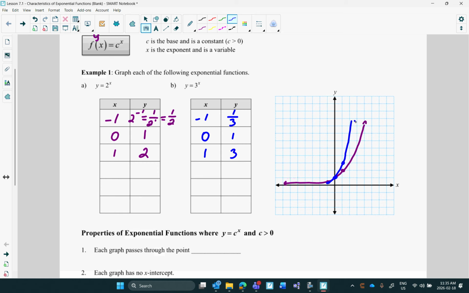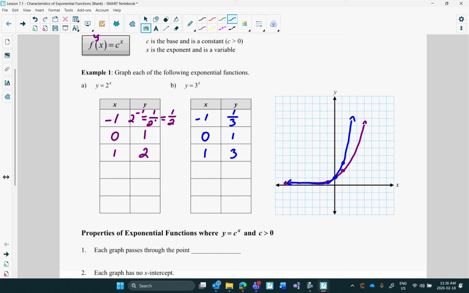So it's going to climb faster on the right. But it's going to do the same thing on the left. It's going to go to 0, but never touch it. Okay? So you can see that's the shape an exponential function takes.